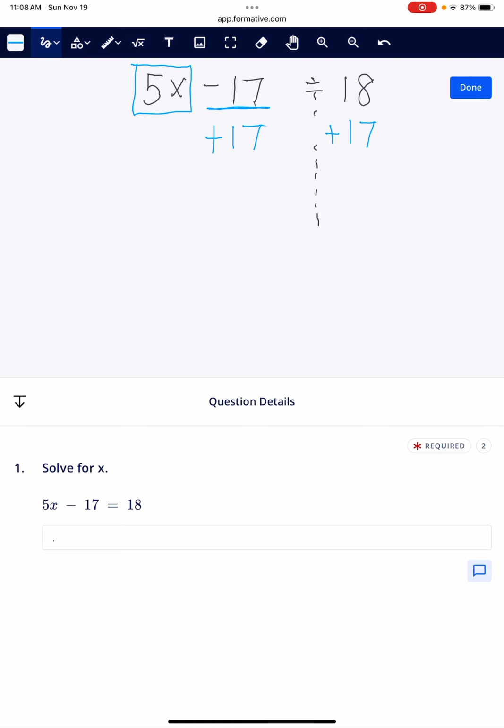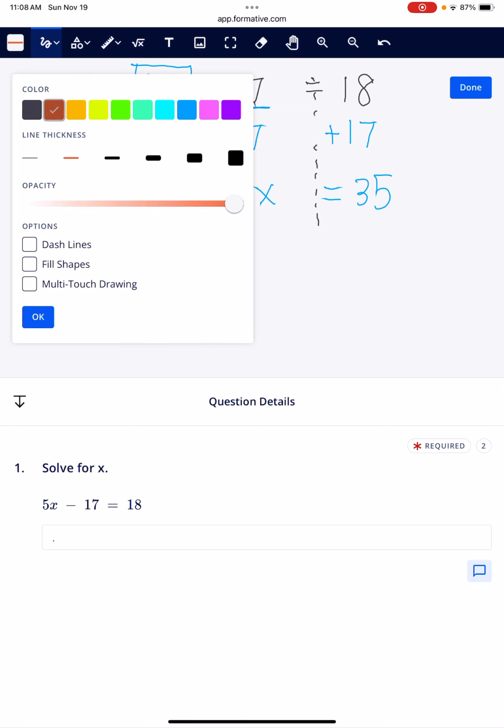When you add 17 to both sides, you'll be left with just 5x on the left. On the right side, if you add 18 and 17, you'll have 35. So 5x equals 35.